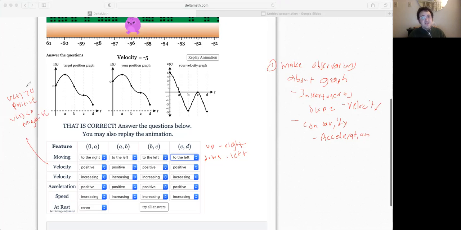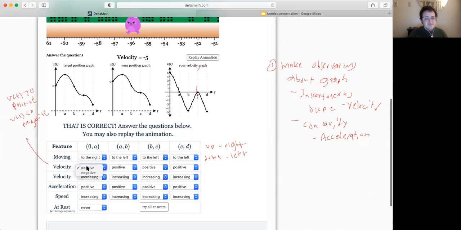What we can see in our velocity graph here is that we are positive up until A. Then from A to B, we're negative. We're still below 0 from B to C, and from C to D, we are also below 0.